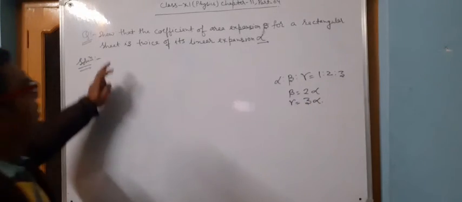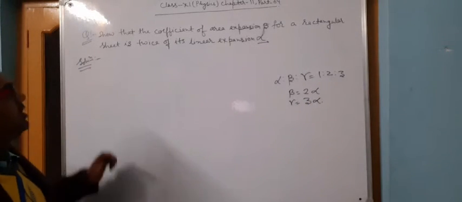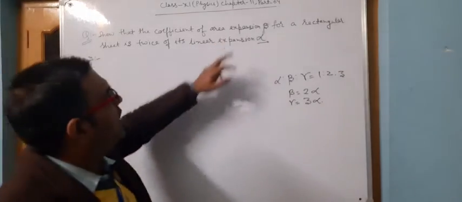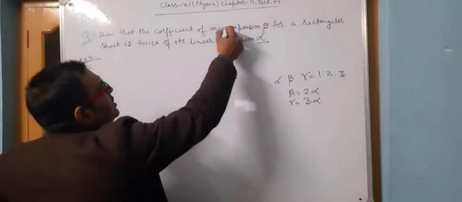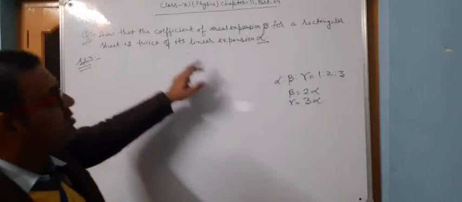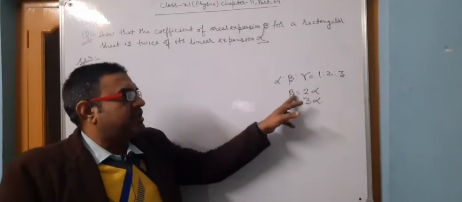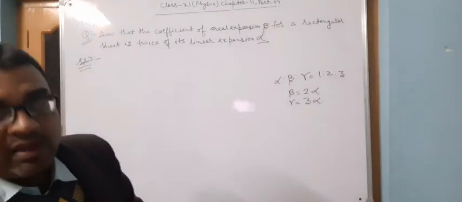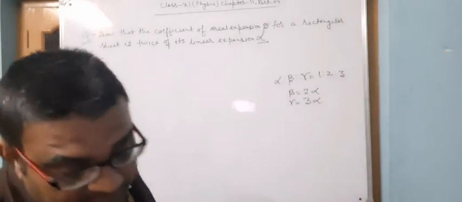Now here we want to show that the coefficient of areal expansion, that is beta, for a rectangular sheet is twice its linear expansion coefficient, that is beta is equal to twice alpha. We want to prove this here.